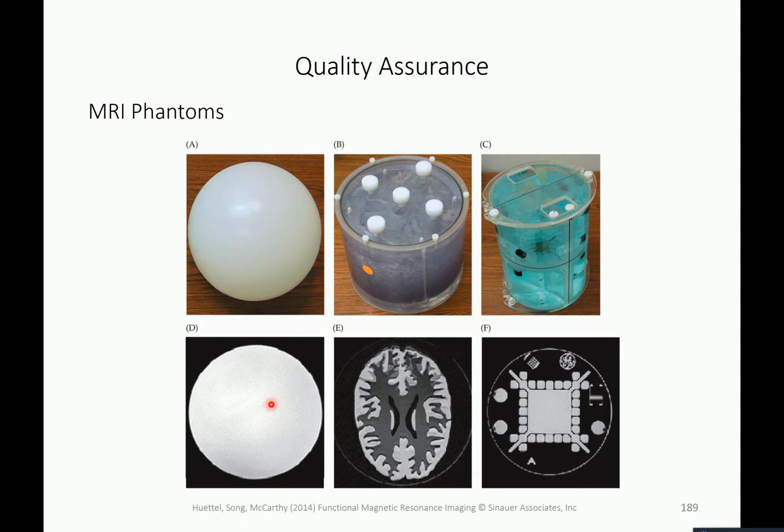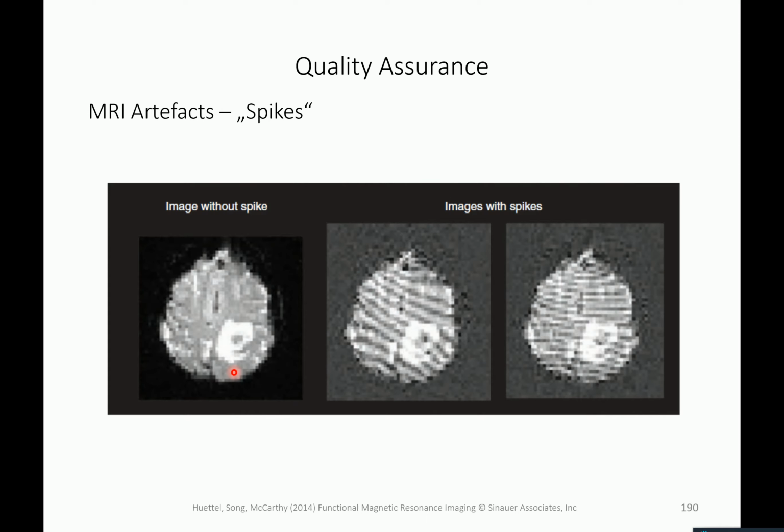So a typical thing that MR physicists or radiographers do for scanner maintenance is that once a week they scan such a phantom and then look at the images, check whether, for example, the raw signal to noise ratio is good, and check for their geometry. So these are MRI phantoms. You should also, when you become a scan operator, learn how to scan a phantom and look at it, so that you know what an MR phantom is.